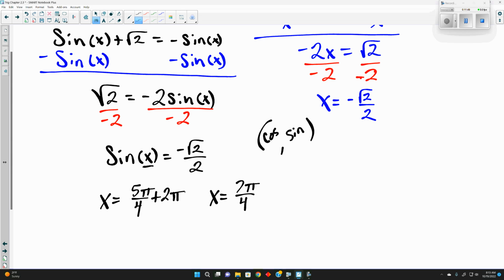So I could add 2 pi to both of these, yes? And I would still get a value of negative square root 2 over 2. Well, I could add 4 pi instead of 2 pi, yes? And we'd still get the same answer, yes? Because we could keep adding 2 pi, keep going around the unit circle and still getting that answer.